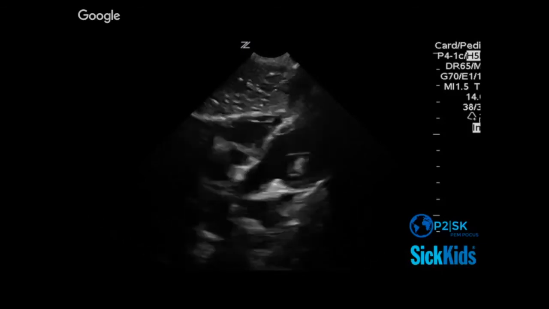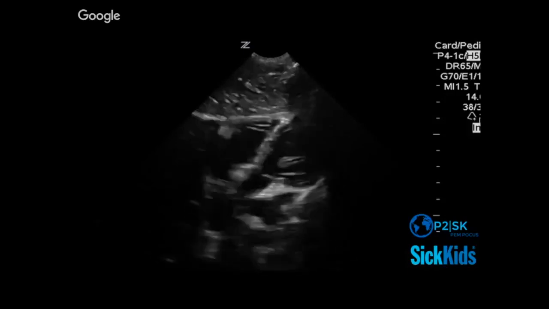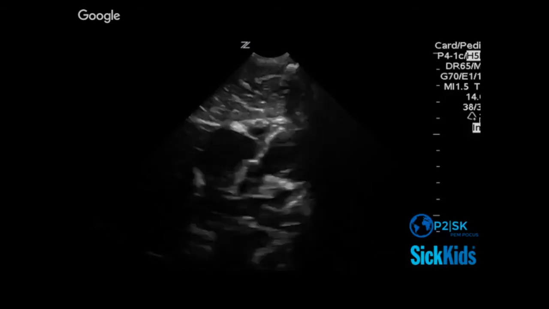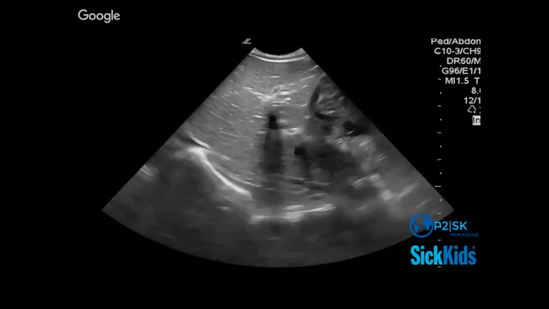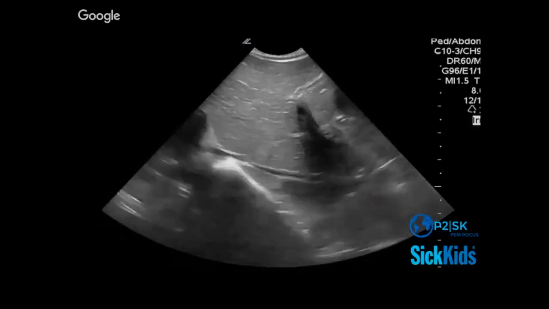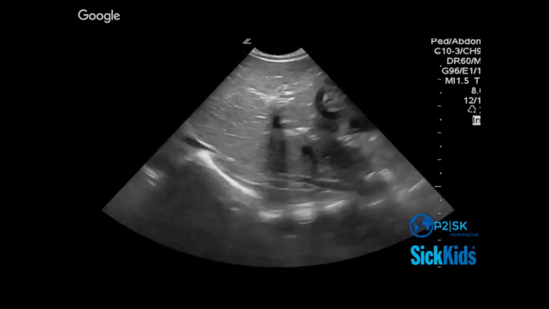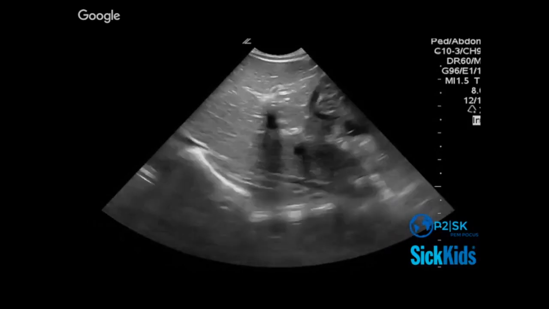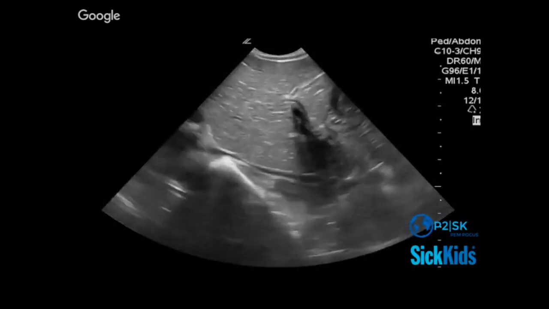Let's say you scan all the way through, you fan through the heart, making it appear and disappear, and you still get views like this. No effusion. Okay. And what view do we have here? IVC, good. And does the IVC look plethoric, collapsed, or somewhere in between? Collapsed, okay.